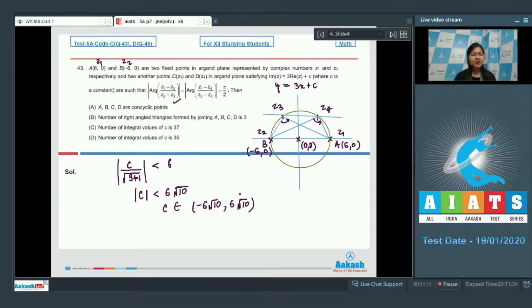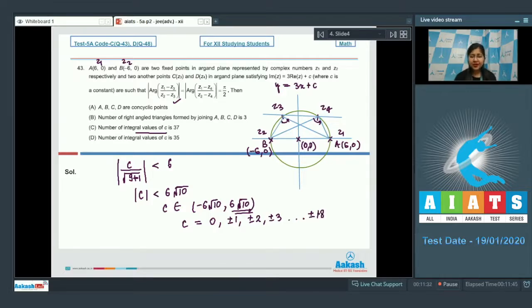Now in the question it has been asked about the number of integral values of c. So c can take values 0, plus minus 1, plus minus 2, plus minus 3 and so on up to less than 6 root 10, that is plus minus 18, right?